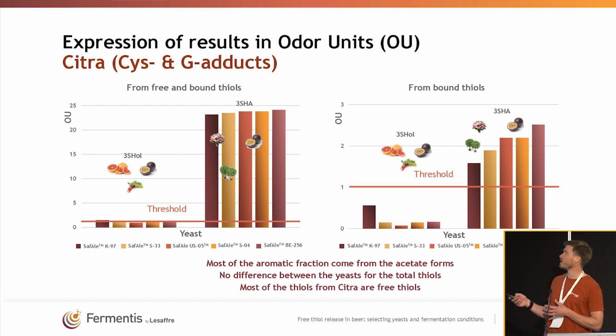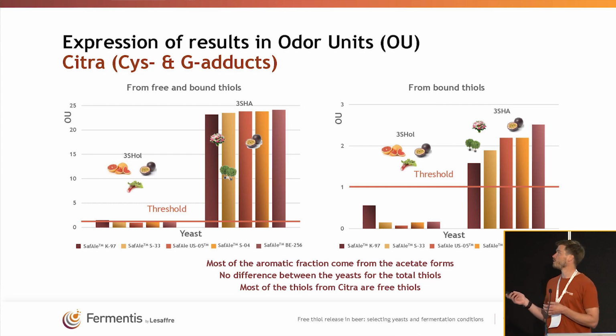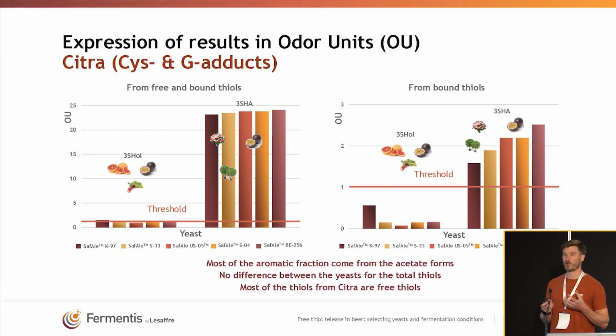So by using yeast, through the yeast metabolism, you have an idea of the impact of the yeast here, and you see that in other units it's between 1.5 and 2.5 out of 20-something that you have already in the hop. So not a big impact here of the yeast for a hop like Citra, which has already a lot of free thiols.